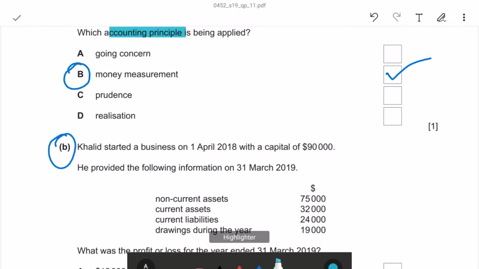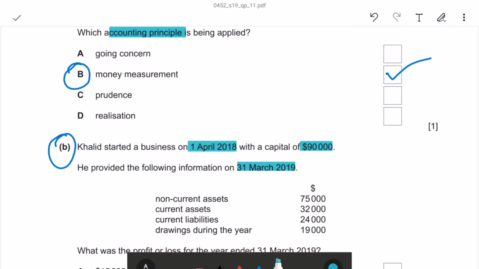Khalid started a business on 1st April 2018 with a capital of 90,000. That is opening capital. He provided the following information for 31st March 2019. 31st March means the business starts on 1st April 2018 and ends on 31st March.